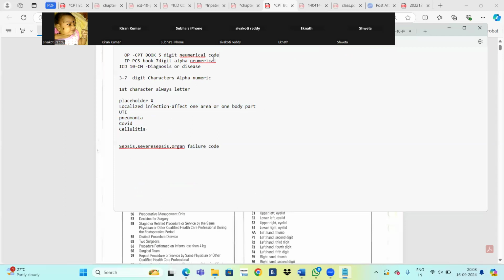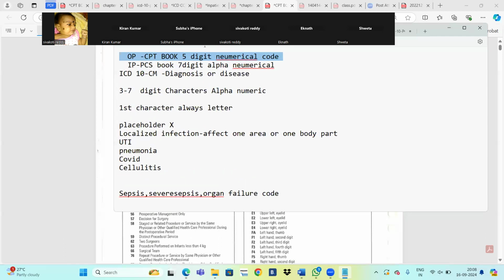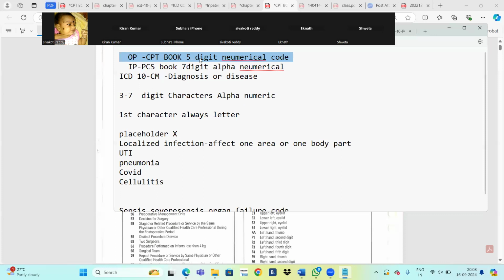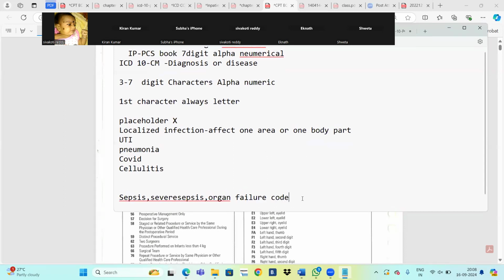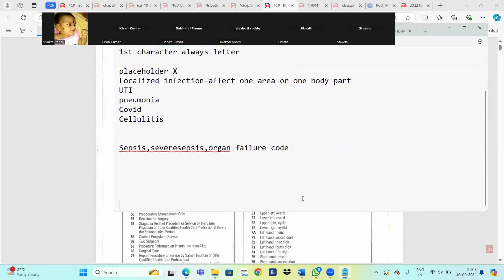What is the CPT code structure? CPT is a 5-digit numerical code. You will use it in OP, outpatient specialties.